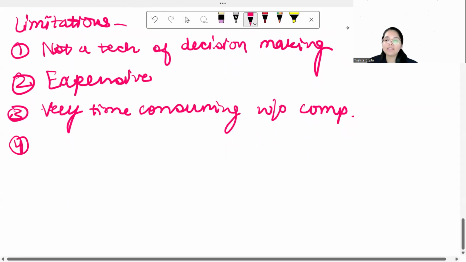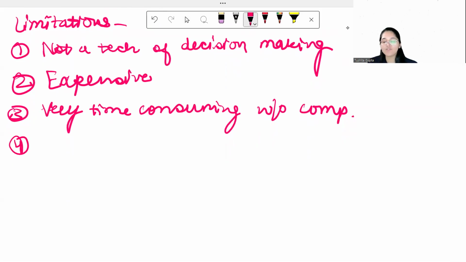And then last but not the least is that all of the probabilities that you are using are basically based on assumptions and estimates. So it's only good as long as whatever you have thought would happen actually happens. Your assumptions and estimates must be accurate. Only then it is good.